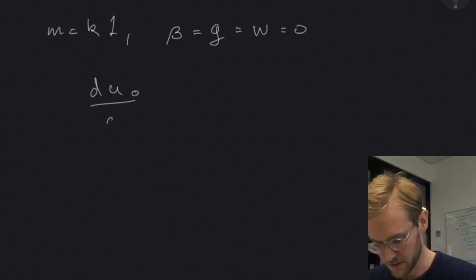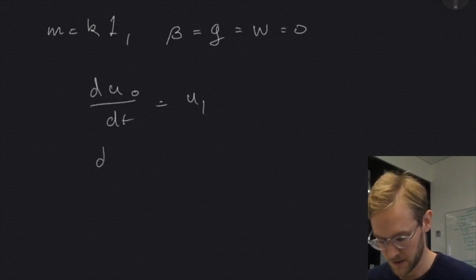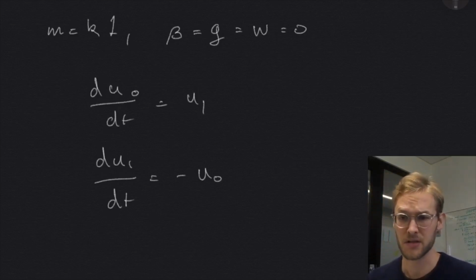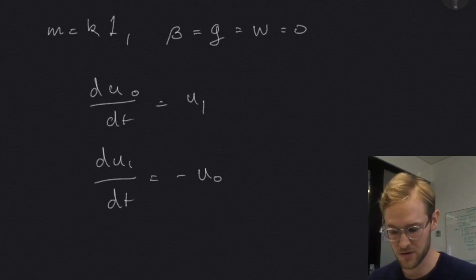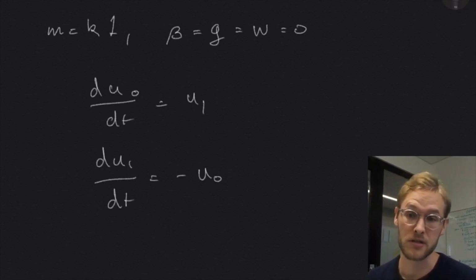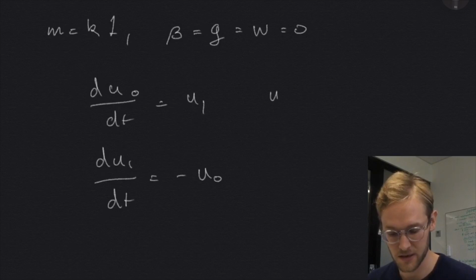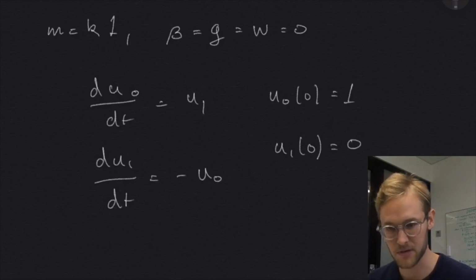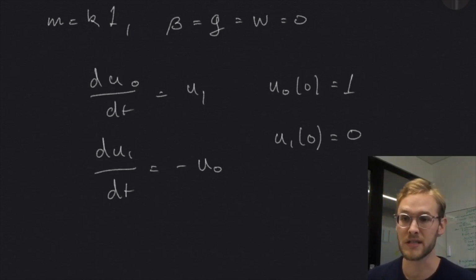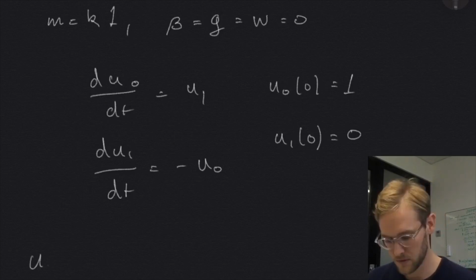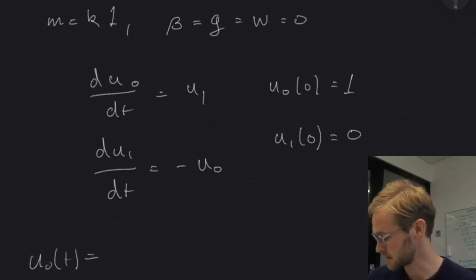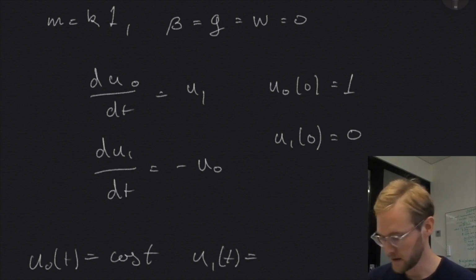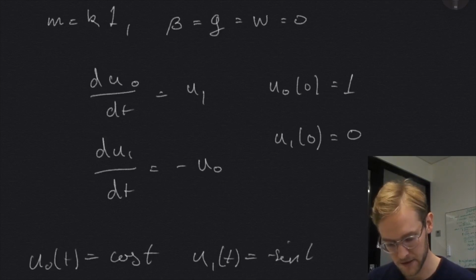So the derivative of u0 will be the same, u1, but our second equation, the derivative of u1, will be minus u0. And this coupled set of differential equations has a very neat solution if we provide the proper initial conditions. So if u0 at time point 0 is equal to 1 and u1 at time point 0 is equal to 0, then the solution to this particular problem will be u0 of t equals cosine of t, and u1 of t will be minus sine of t.